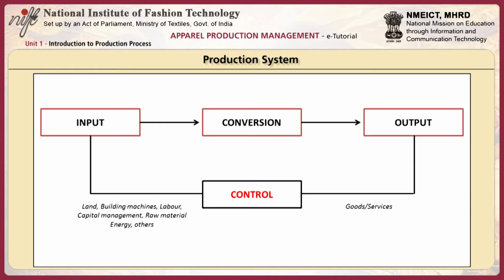An appropriate designing of production system ensures the coordination of various production activities. There is no single pattern of production system which is universally applicable to all types of production system. It varies from one enterprise to another.